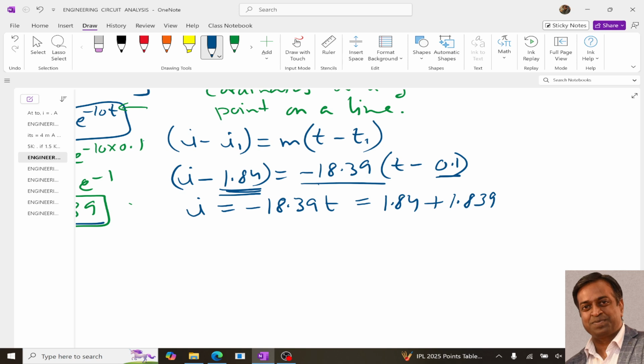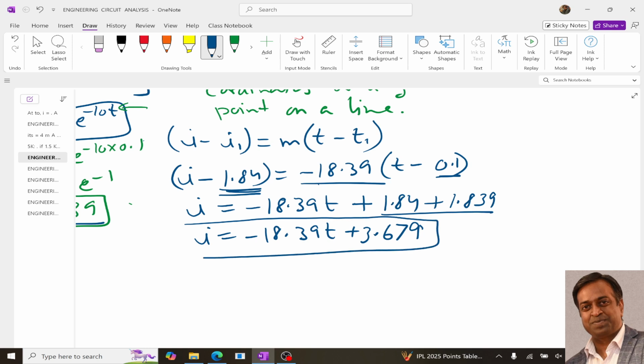So I equals minus 18.39 t plus, if I take the sum, 3.679, right? It is 3.679. So this is the equation of the tangent.